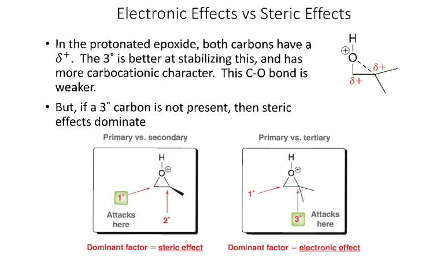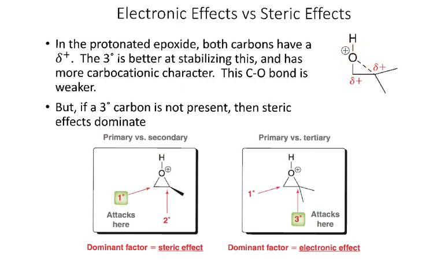And so when we protonate this epoxide, it's not perfectly symmetric when we have this tertiary carbon as part of the ring. Because the carbocation is going to be more stable here, this is going to have more carbocation character, where in a carbocation we have 3 bonds and no lone pairs. And so this bond is already largely broken when we protonate this epoxide.